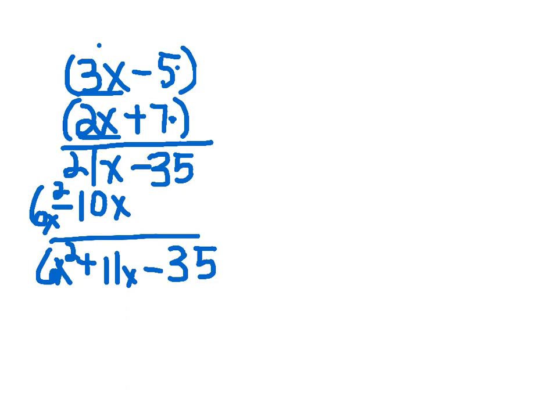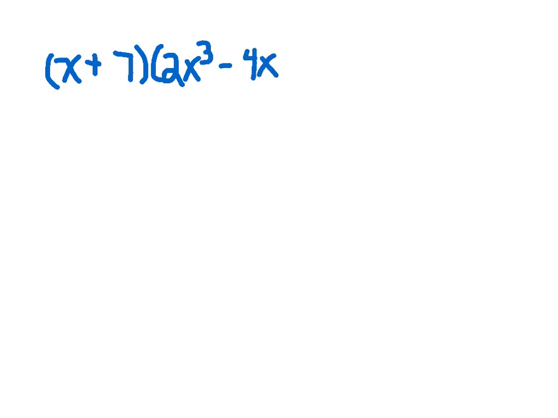I want to show you now also what it looks like if you are using longer terms, because there is a way to do this that, I think, helps keep your terms straight. So let's just say I have x plus 7 times 2x to the third minus 4x squared plus 5x minus 4.